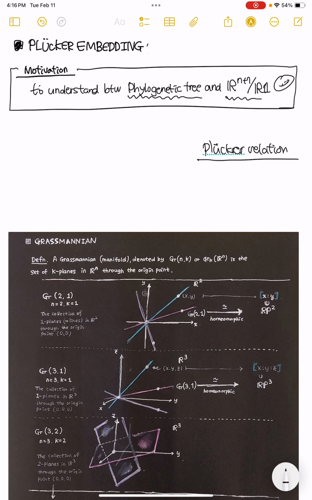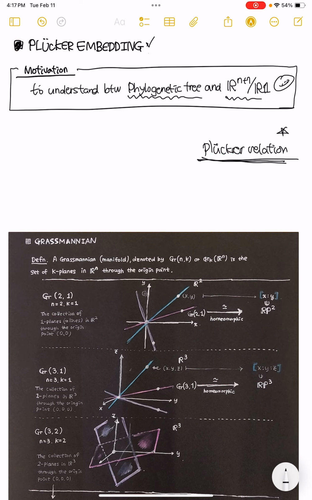But before we can understand the Plücker relation, we should know the concept of the Plücker embedding. Because of a shortage of time, I cannot explain the Plücker relation, but it is sufficient to introduce the Plücker embedding.